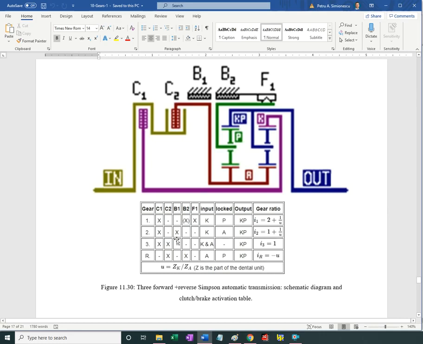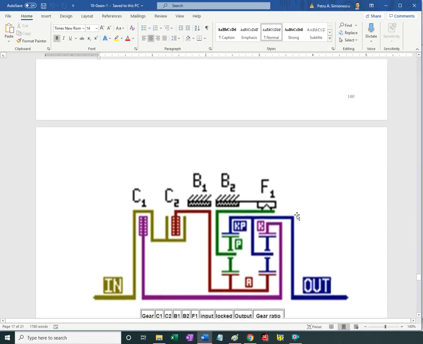The way the one-way clutch works is it allows motion to go free in one direction, but it acts as a brake when the direction of motion is reversed.